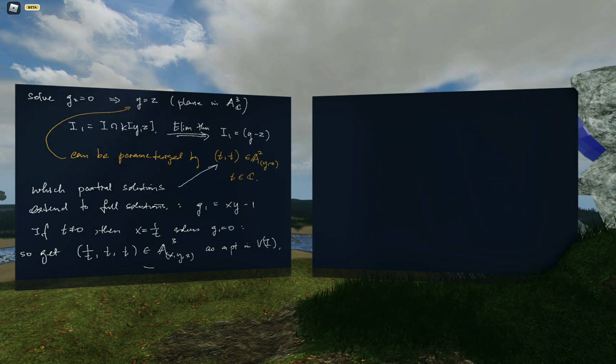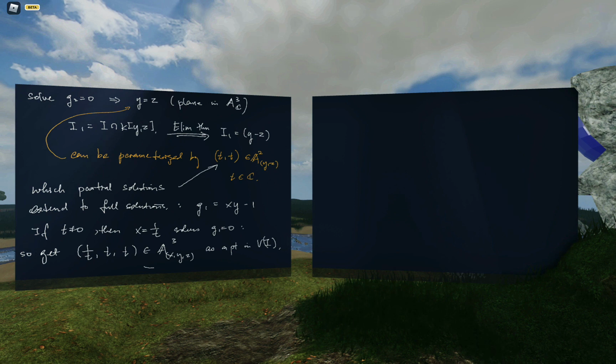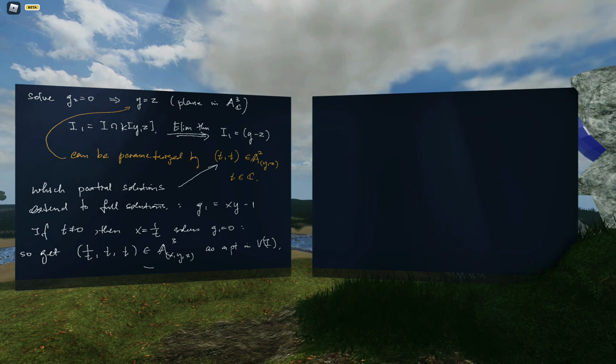You cannot extend these to full solutions. And so we're going to see next week what that criterion is. It will turn out that most of the solutions do extend, and we have a Zariski closed subset of the solutions which cannot extend.